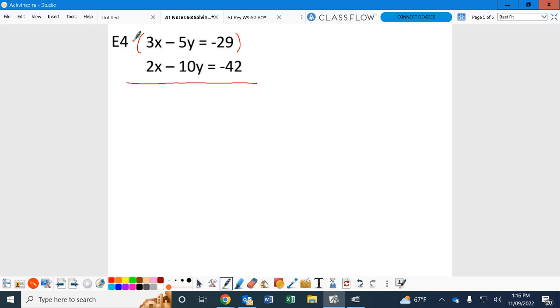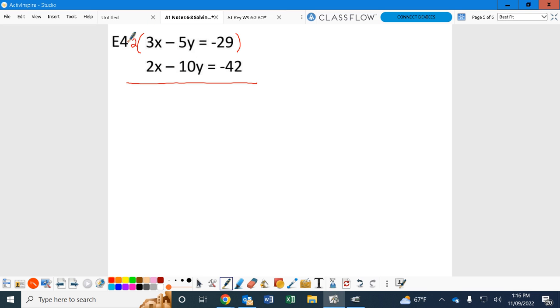Guys, what do you have to multiply 5 by to make it into 10? Just that part. 2. Do I need to multiply it by a negative? Yes, because guys, right now they're both negative, and one of them has to be positive in order for them to cancel out.